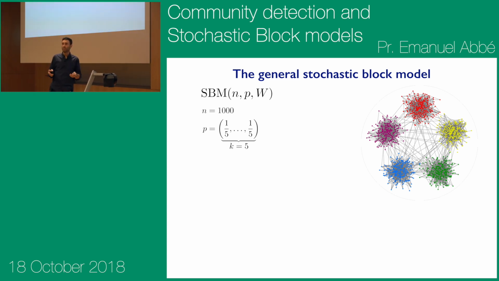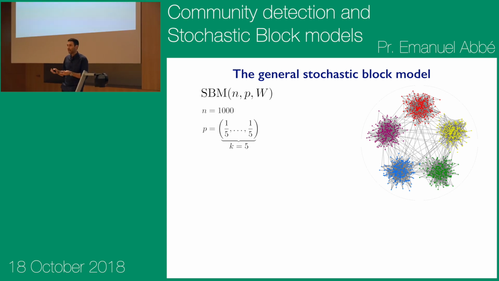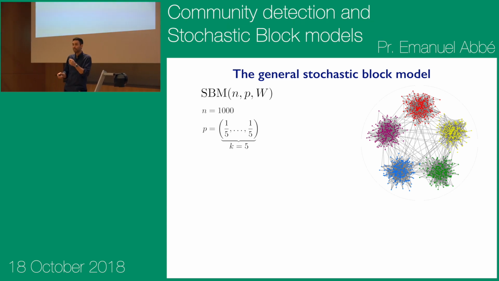So there are different ways to define the partition. Either you do it by exactly asking group j to have n times Pj nodes, and then you look for a partition uniformly at random that preserves those sizes. Or you take every node and you color it independently with that distribution.